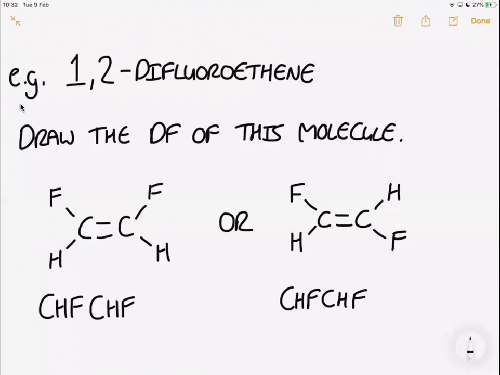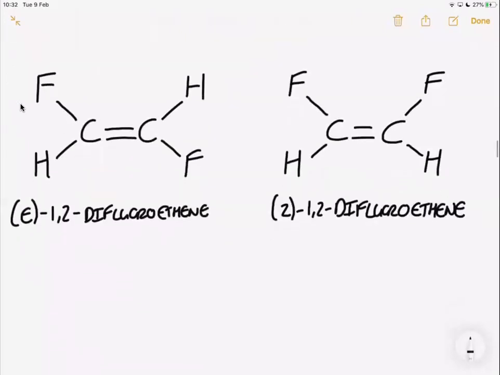Right then, let's look at them properly. The designation for these takes the form of a capital letter that goes at the beginning of the IUPAC name, and it usually gets put in brackets. You designate these either as the E isomer, as we've got on the left, or the Z isomer, as we've got on the right.